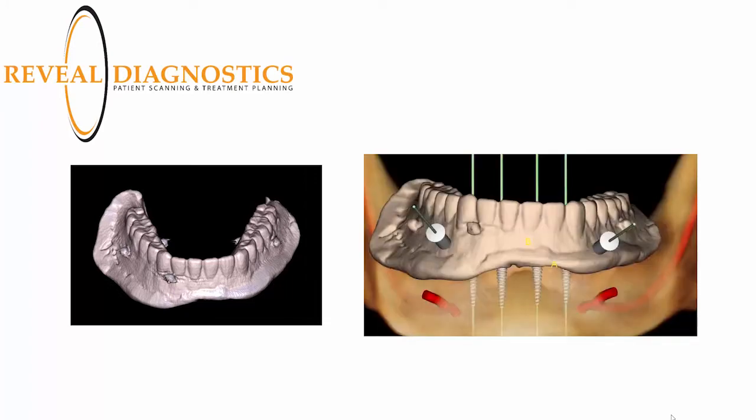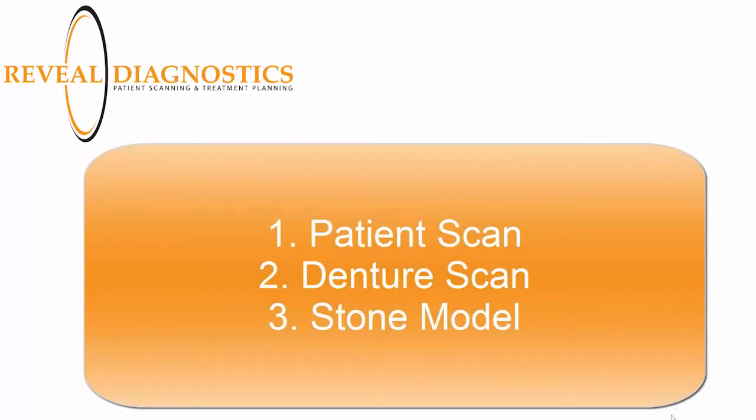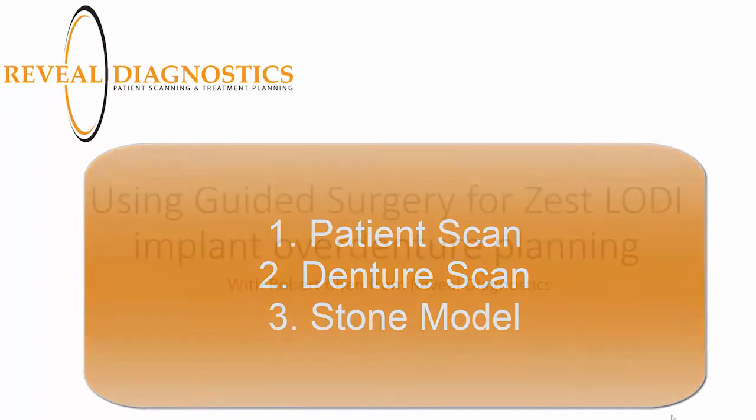And merging the denture gives us full predictability over where the final prosthesis will go, and that allows us to fully visualize all of our results in advance in the treatment planning phase. So just to recap, we need 3 things in total to move forward with our cases: one is the patient scan, the second is a denture scan, and the third is a stone model.